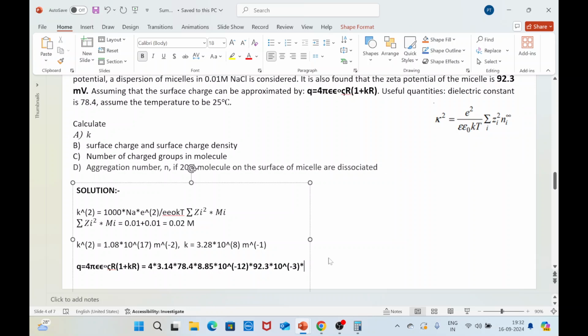You just need to convert that into meters, so it will be 22.1 times 10 power minus 10 meters, times 1 plus kappa times R. Kappa comes out around 3.28 times 10 power 8, and R is 22.1 times 10 power minus 10, so you'll be left with 10 power minus 2.